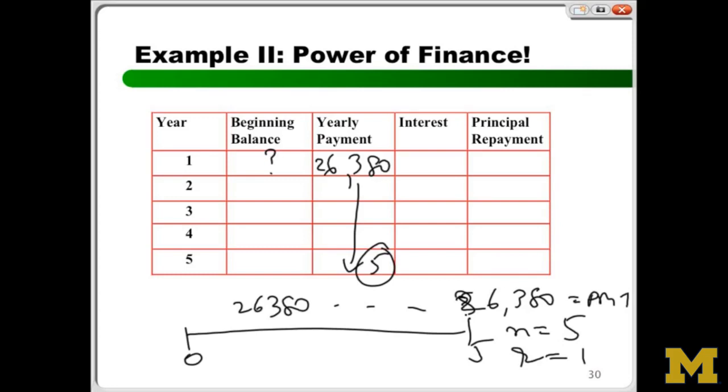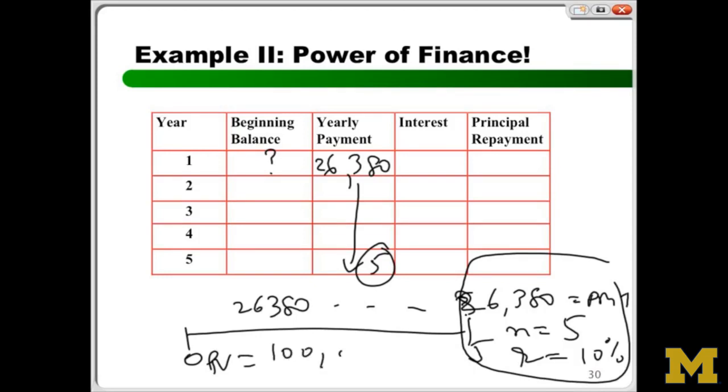R, which is what? 10%. If you do this problem, what button or what execution in Excel or a calculator do you need to do? Well, to figure this out, you have to figure out PV. Please do it. I wish your answer will work out to be 100,000, right? We know that.